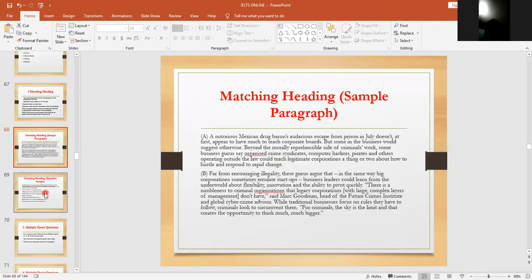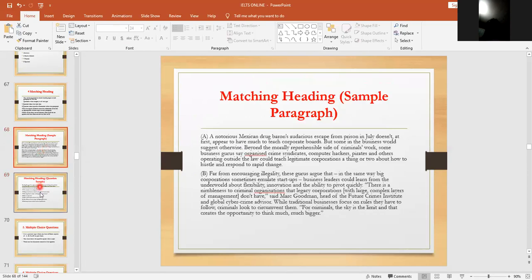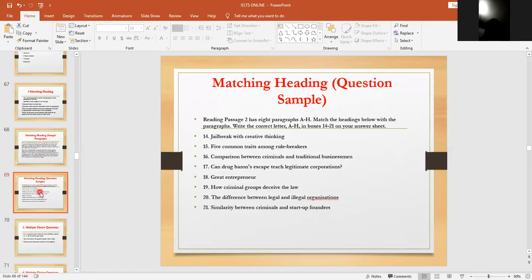The question will come like this. If you look at this question, this is question 14. Question 14 is saying jailbreak with creativity. So it wants you to locate which passage summarizes, or whose main idea is jailbreak with creative thinking, or which passage mentioned that statement.